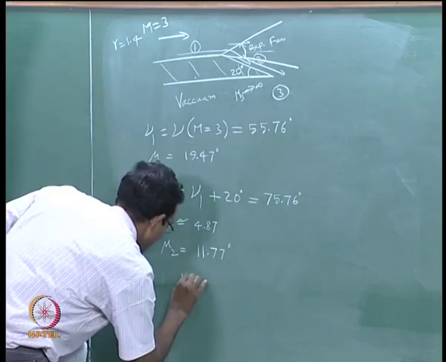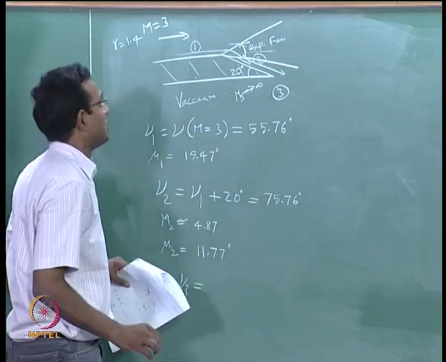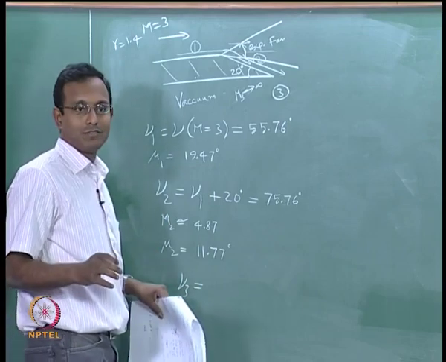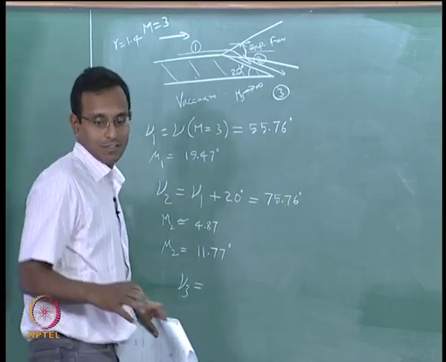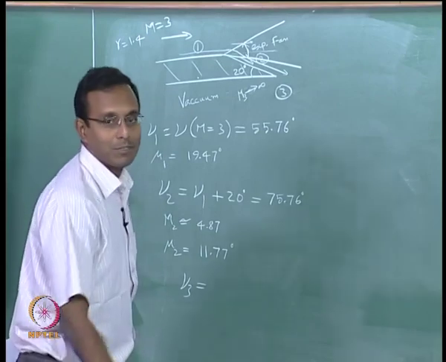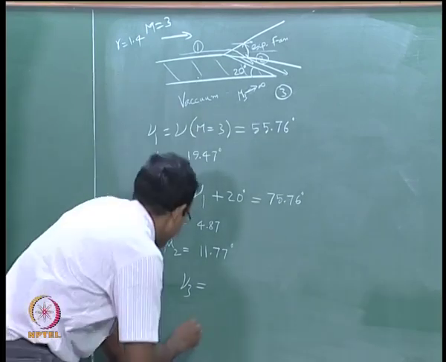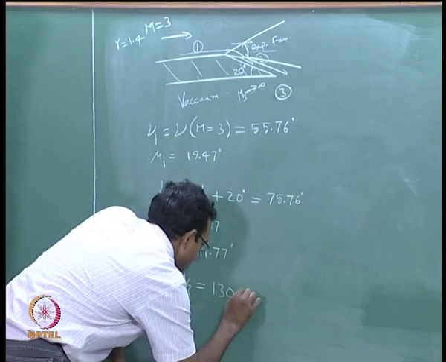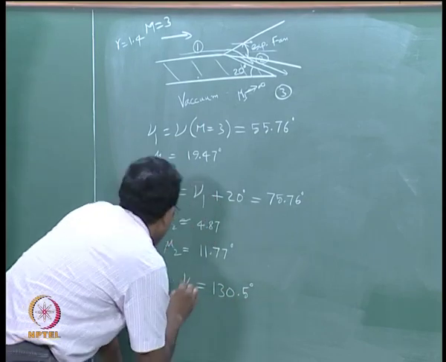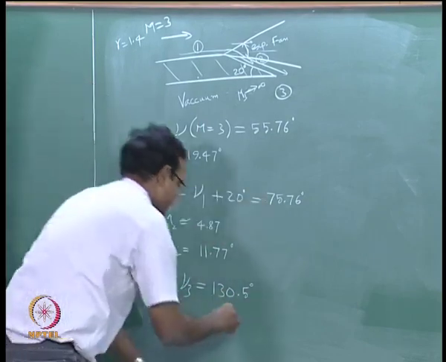So, I will find my nu 3. What is nu 3 for gamma equal to 1.4? This number we discussed last class. That number happens to be 130.5 degrees, and nu 2 we calculated just now, 75.76.